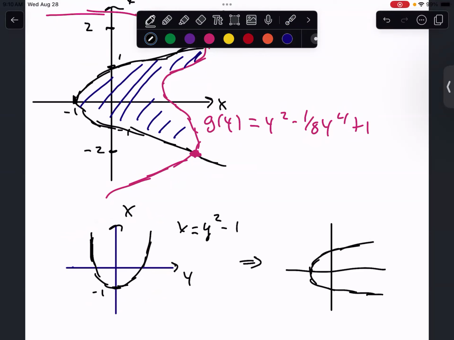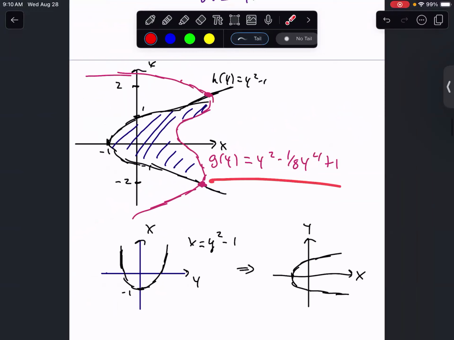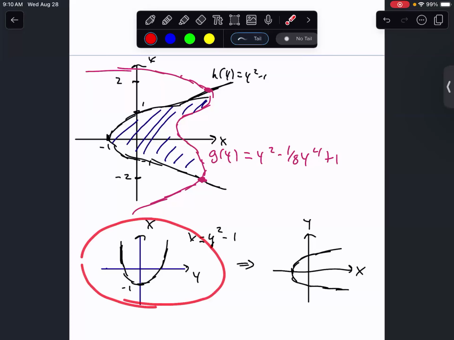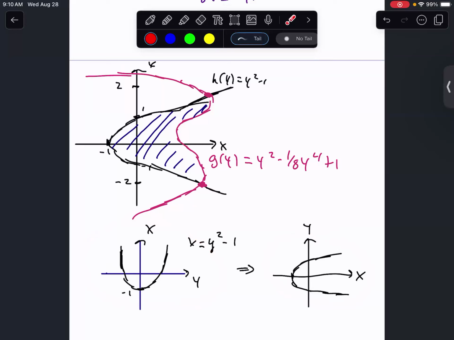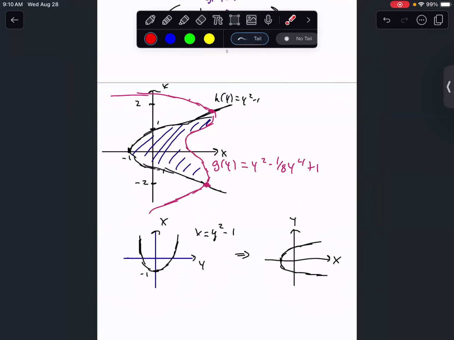The difference being that y is the vertical axis and x is the horizontal axis. Again, I'm not going to ask you to do these kinds of graphs frequently in this class, but just so you know, this is one way of drawing these functions in terms of y in a way that you already know how to do. Okay, any questions before we actually integrate?